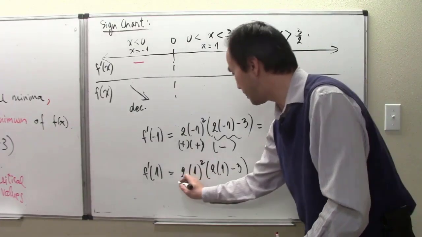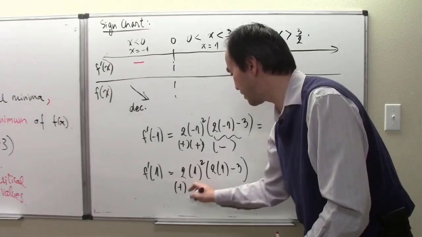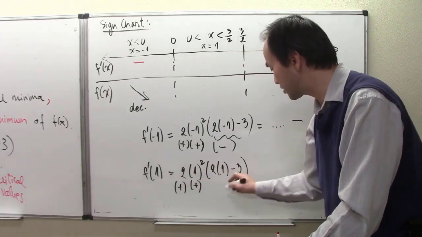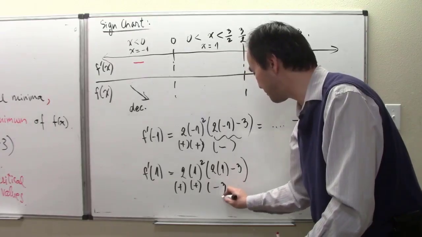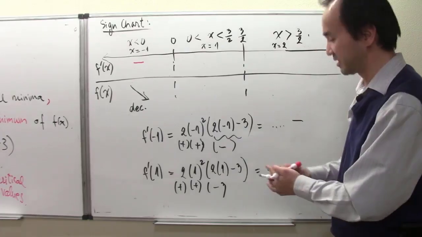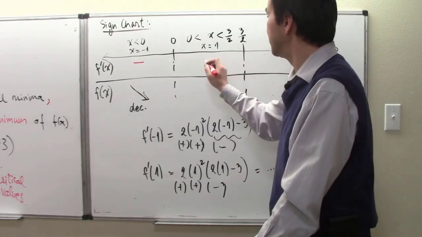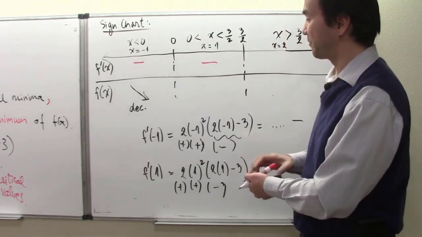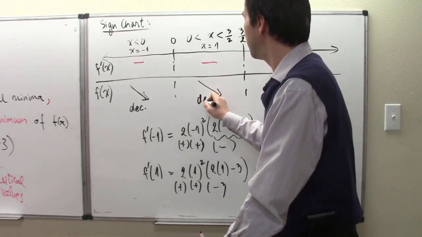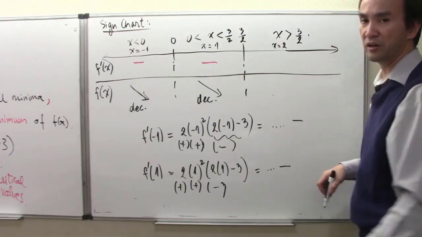That is a positive. That 2 factor is a positive. That 1 squared is also a positive. And 2 times 1 minus 3 is a negative still. Okay? So the overall product here turns out negative. So I have another negative sign right here in that interval. So our function further decreases, right? It's decreasing in that middle interval.